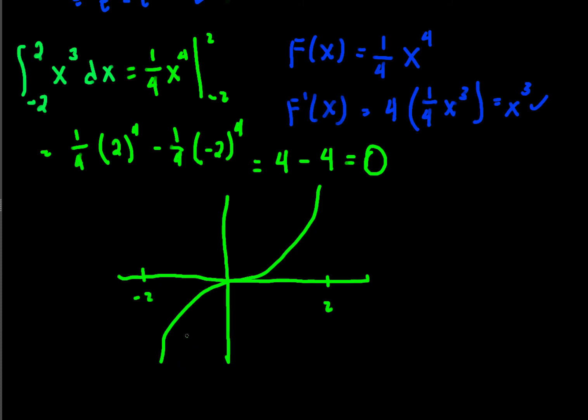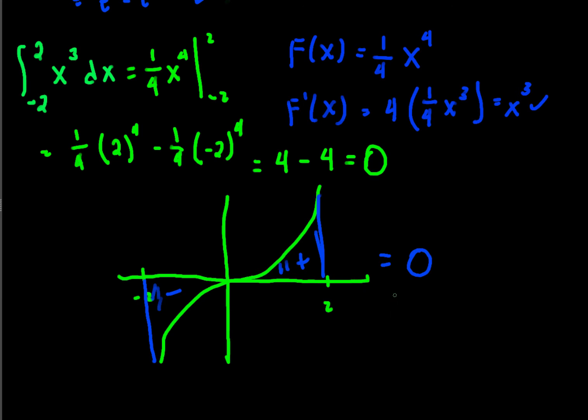In fact, it's an odd function. And so the area between here and here, this area would be negative, and this area would be positive. And when we add these two areas together, it gives us a 0 sum total area.